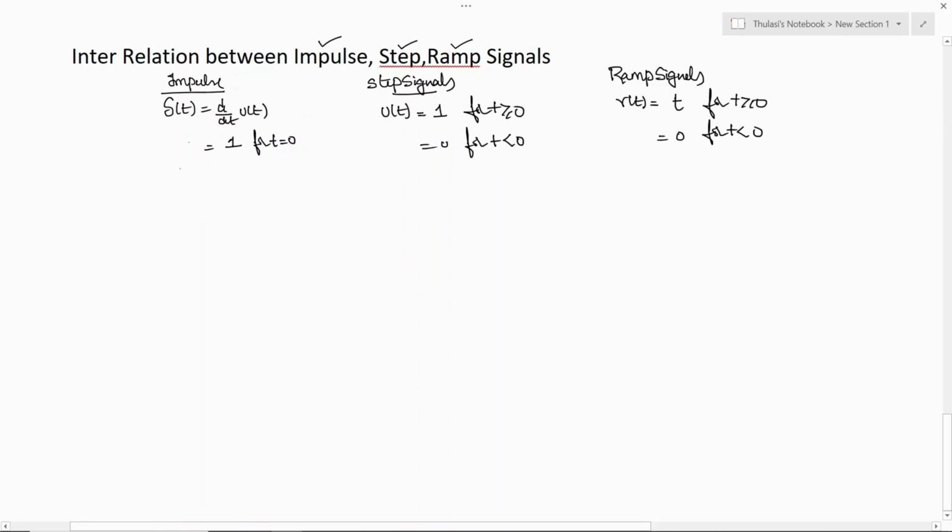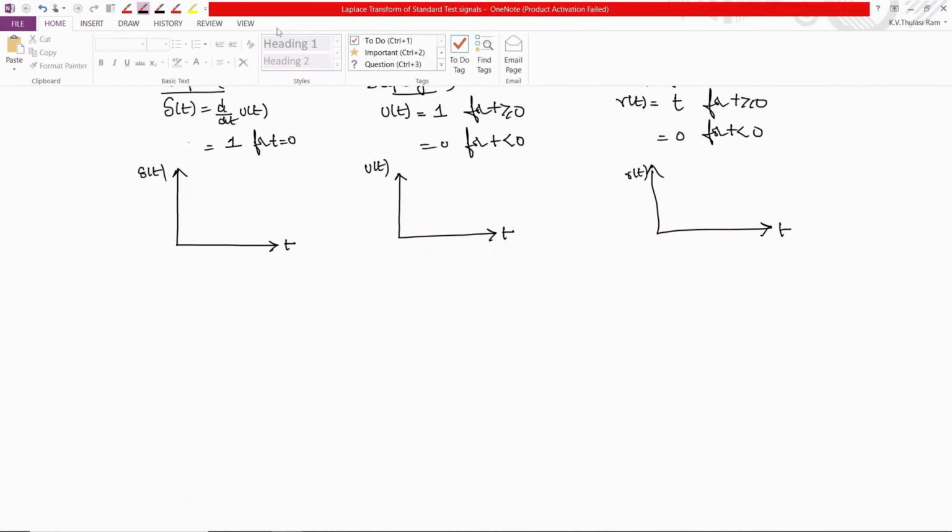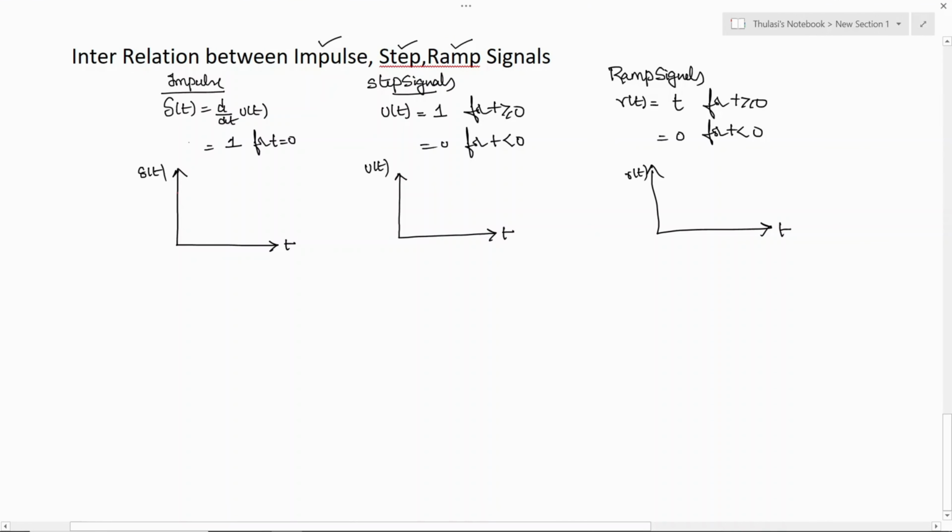So how the impulse signal looks is, this is t, and this is generally delta of t. And this is the step signal u of t. And here the x-axis is t, and on the y-axis you are going to have r of t. Now the signal seems to be like this. Okay, I'm drawing the signal.